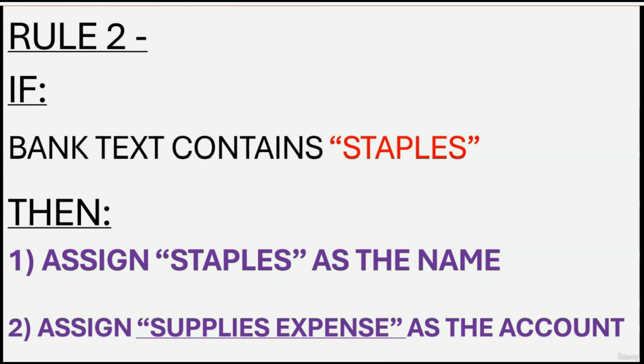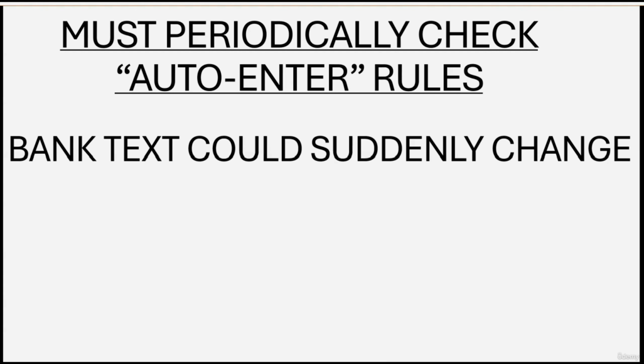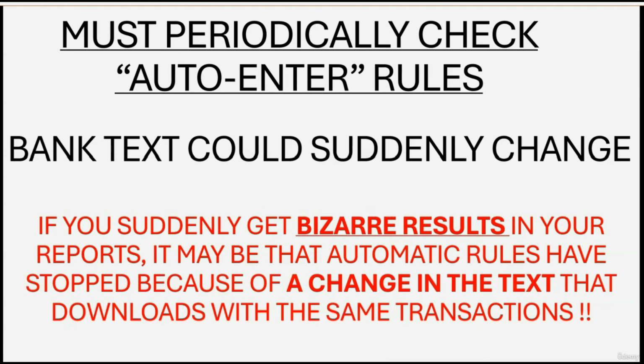So that seems pretty easy, but there are a couple of things you must remember. You must periodically double check all rules that you set to auto-enter. That's very important. That's because the bank text that downloads from the bank could suddenly change, and that happens all the time.